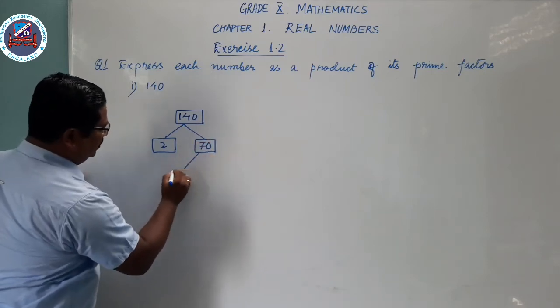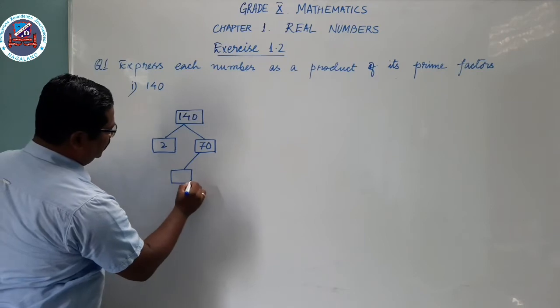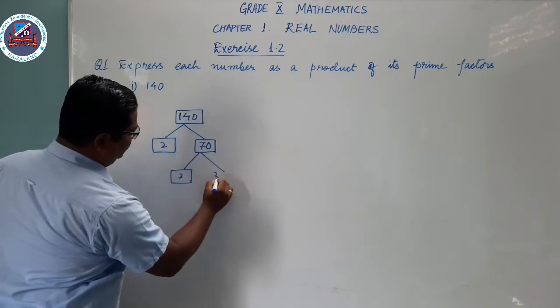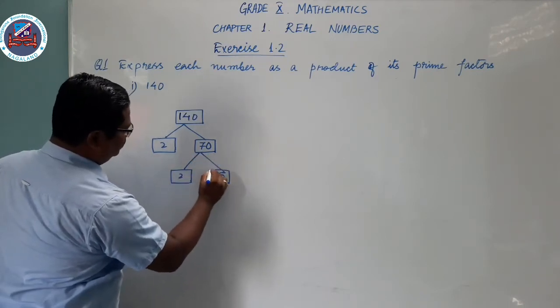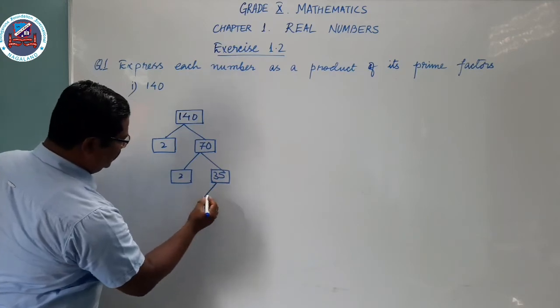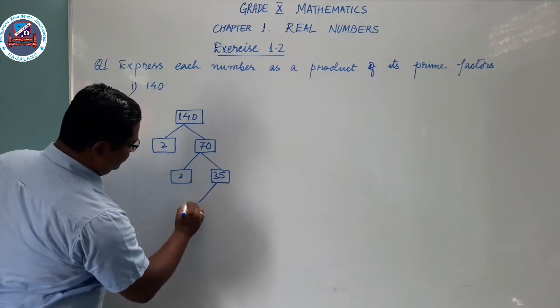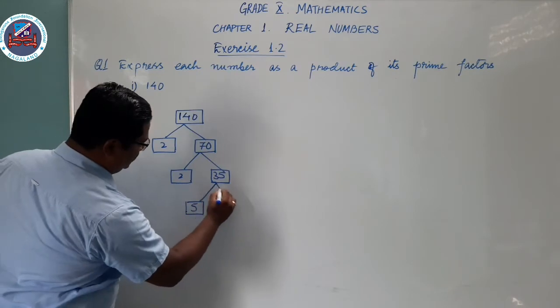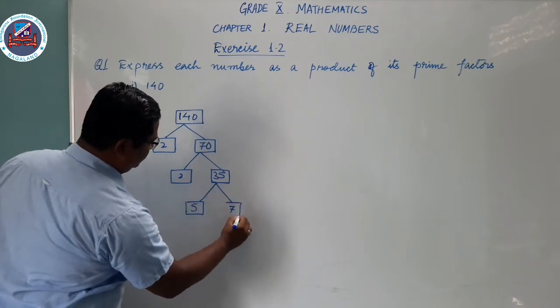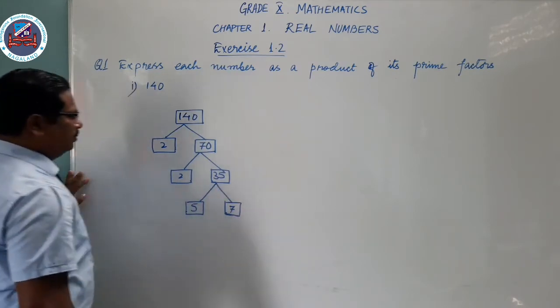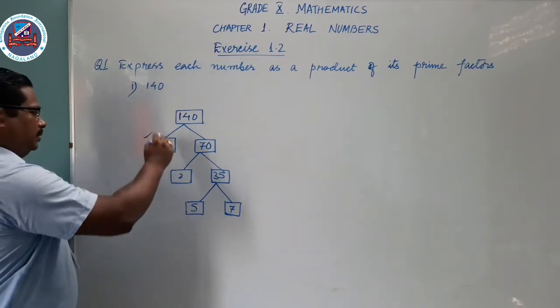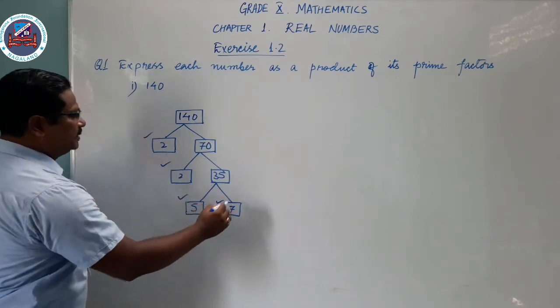This 70 you can do with 2 again. 2 thirty-fives are 70. Then this 35 you can do with 5. 5 sevens are 35. So like this you can find out the product of its primes: 2 into 2 into 5 into 7.